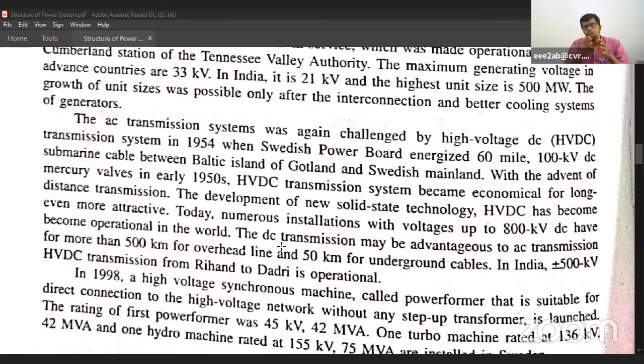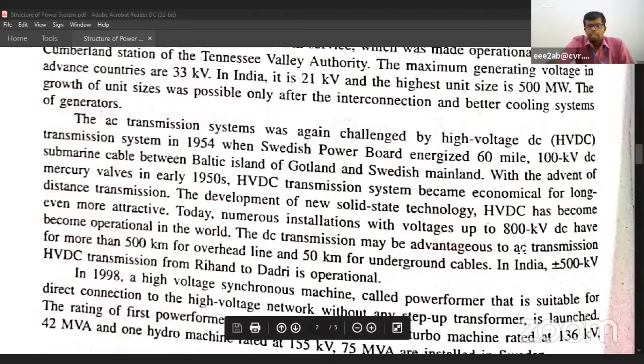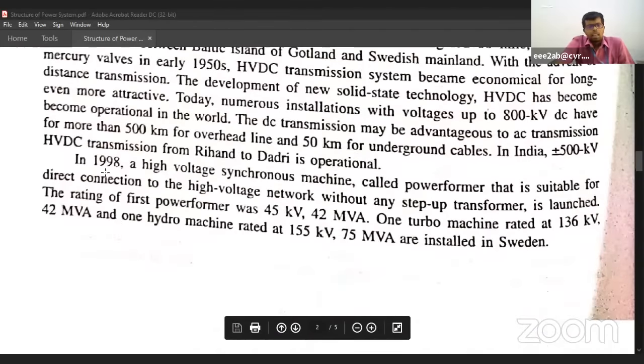If you see more than 500 kilometers, the HVDC system has more advantages compared to the HVAC system. In India, this is old data and has been increased now: a 500 kilovolt transmission system from Rihand to Dadri, which has now been increased.